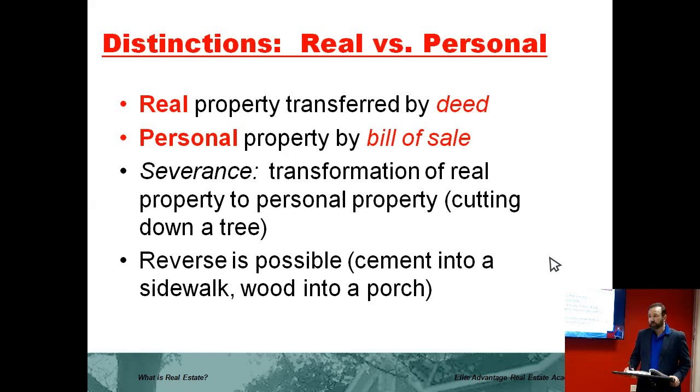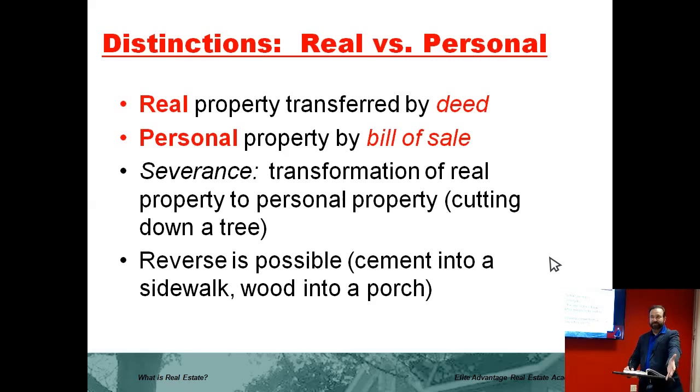You will get a question with regards to that on the test. They're going to ask you about the tree. It's attached. And now we have a pile of firewood. Is the firewood personal property or is it real estate? It's personal property. If it's attached and it's still the tree, it's part of the real estate. Once you chop that tree down, it becomes personal property, and it's a commodity.